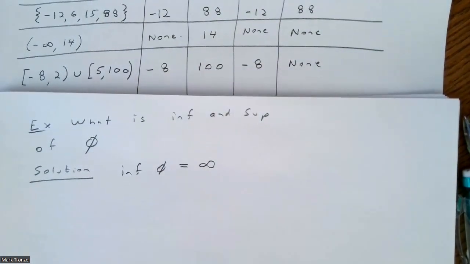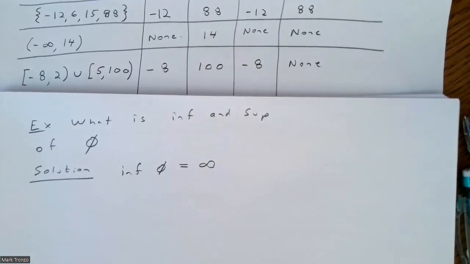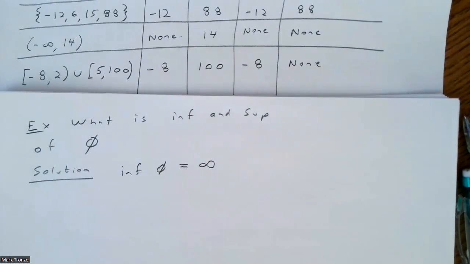The greatest lower bound, because really everything would be a lower bound to the empty set, because anything is smaller than something in the empty set. In other words, say 100 is technically, now once again in our definition we said that we weren't considering sets that weren't empty, so we're usually not going to deal with it, but sometimes they'll deal with the empty set.